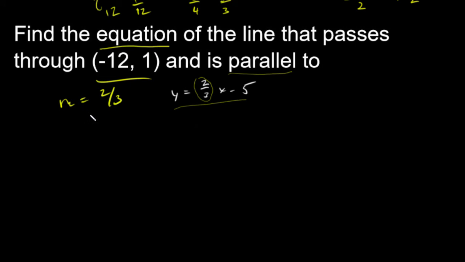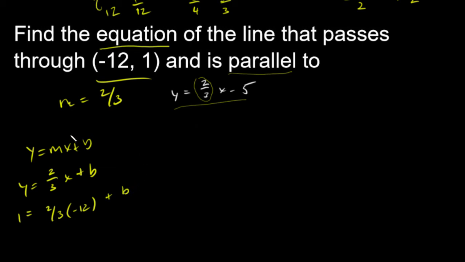You just use y equals mx plus b, and then you plug in 2/3 for m, and then you plug in this for x, this for y. So you get 1 equals 2/3 times -12 plus b, and solve for b. And so to save you some time here, I'm going to work this out quickly. So this is going to be -8.